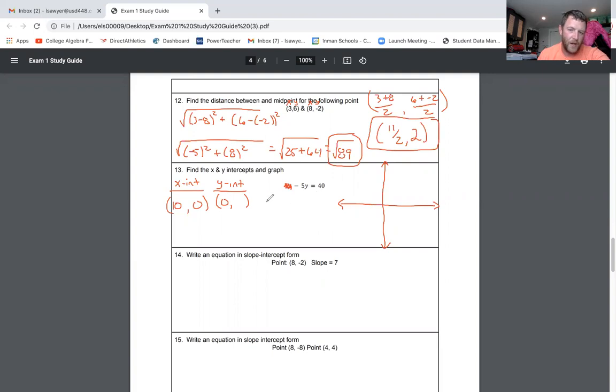When I divide by -5, I get y is equal to -8. And now I just plot those 2 points. Let's say that's 10. Down here is -8. Point, follow the graph.